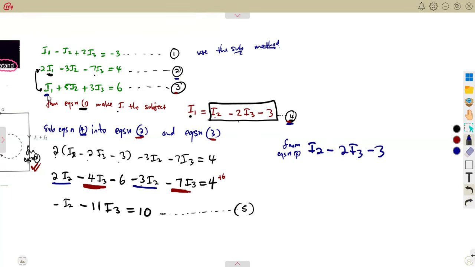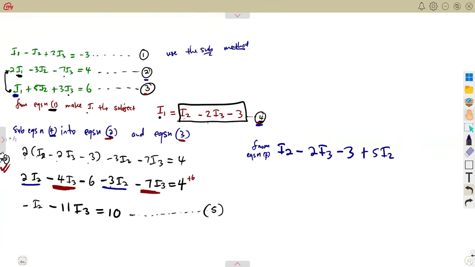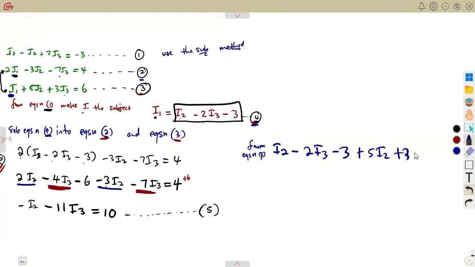We are substituting in place of I1. Then the rest of the equation is going to remain as it is. That is plus 5I2 plus 3I3, which is equal to 6. So that's what we have.